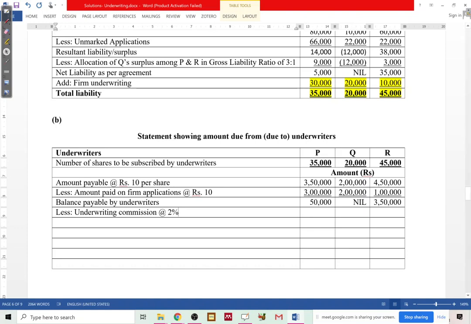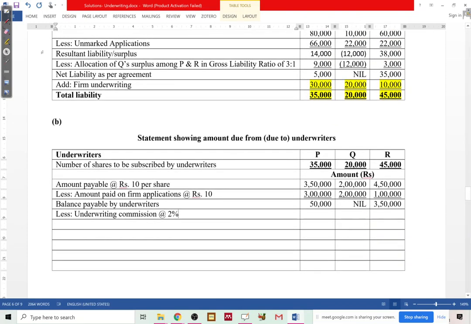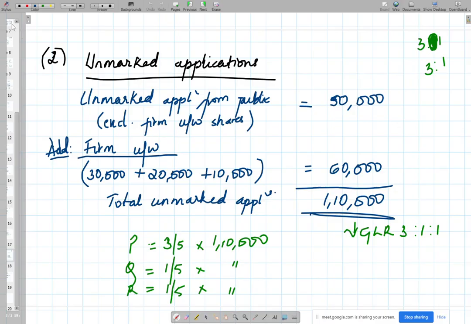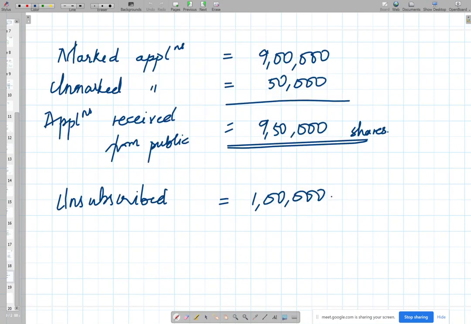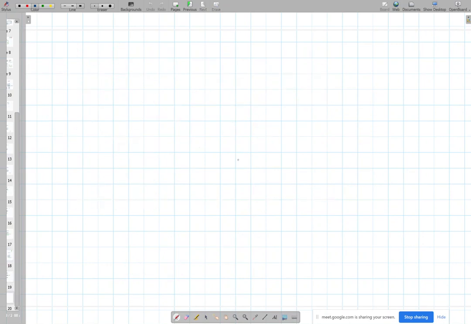So at the rate 2%, let's calculate for P, Q and R. Either you can do it in your working note or directly if you can mentally calculate it very quickly. Fine. We'll do it in the working note. So this is working note number 3. Alright.